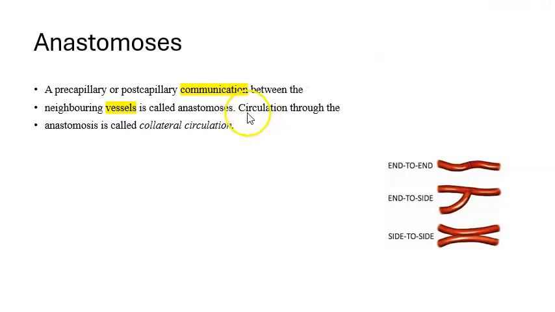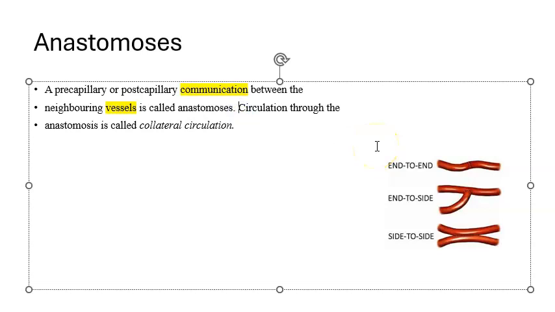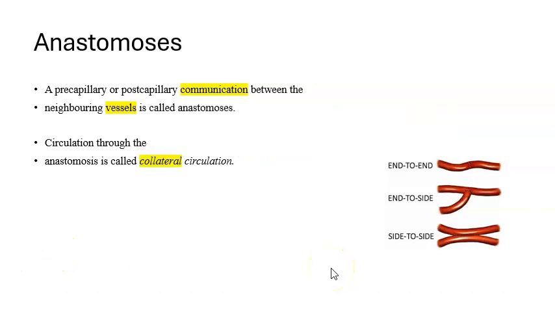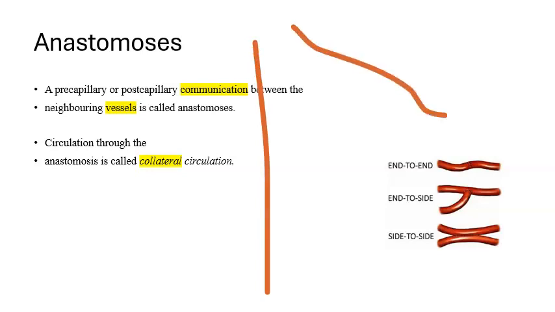Okay, now if there is some circulation happening through this anastomosis, it is called what? Collateral circulation. Collateral means something extra. So let us say there is one blood supply here and one more blood supply here. Now there is some communication between these two.